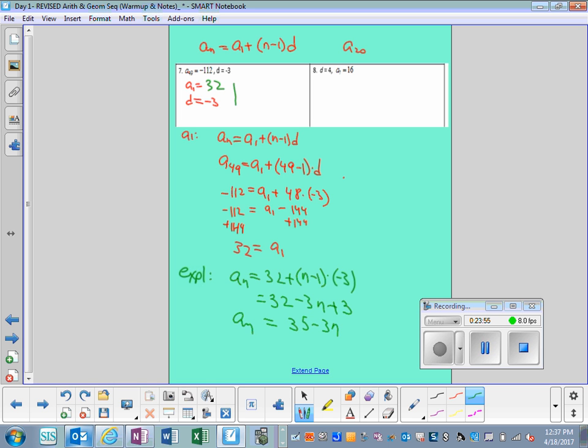So an equals 35 minus 3n. So what we did, we used the generic formula, used the information that we had for a49 and for d, solved the equation for a1, and then we know a1, we know d, we can figure out the explicit formula that depends only on the index.